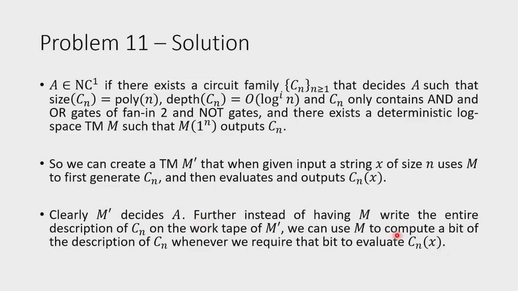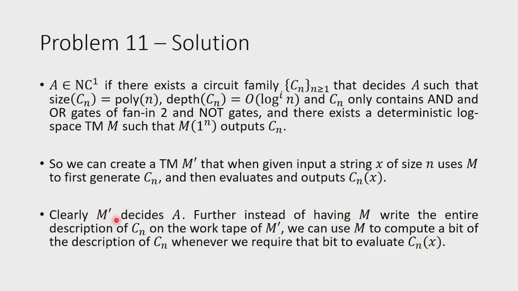So is this clear how we can compute Cn without explicitly writing it down? Whenever required, only that much is written. So we can basically compute it bit by bit and use that to compute Cn of x.